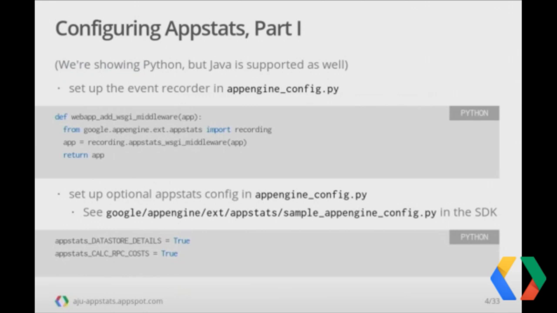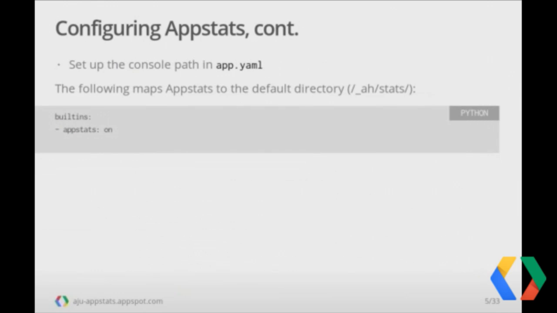You can look at the sample config file if you want to see some of the options that are available. Once you've done that, in your app.yaml setup, you need to tell your app where to find Appstats. The easiest way is the default: use this built-in specifier, and then you'll find Appstats under /_ah/stats.